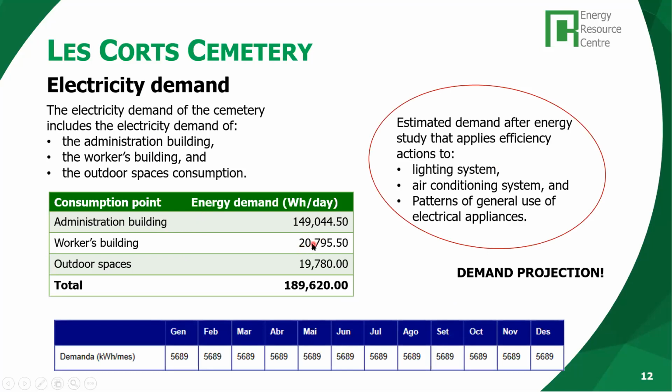Mostly for the air conditioning, yes, the heating, ventilation and climatization of the building. Then there is a workers building and some outdoor spaces, some lighting and some surveillance, etc. But essentially from the administration. So all in all, we can assume a more or less flat demand of about 5.6, 5.7 megawatt hours per month.